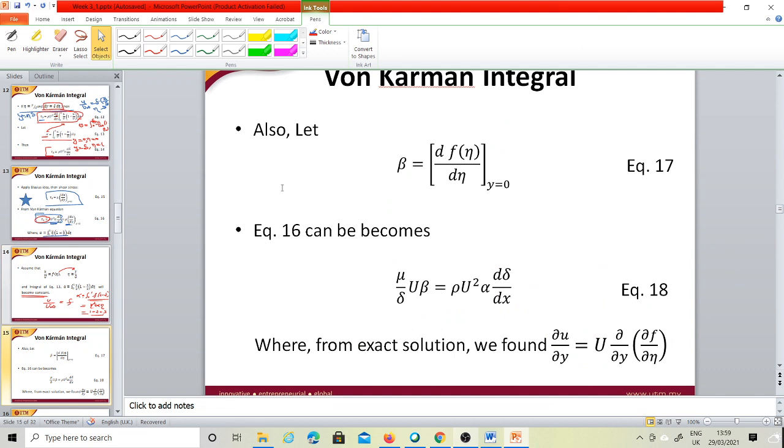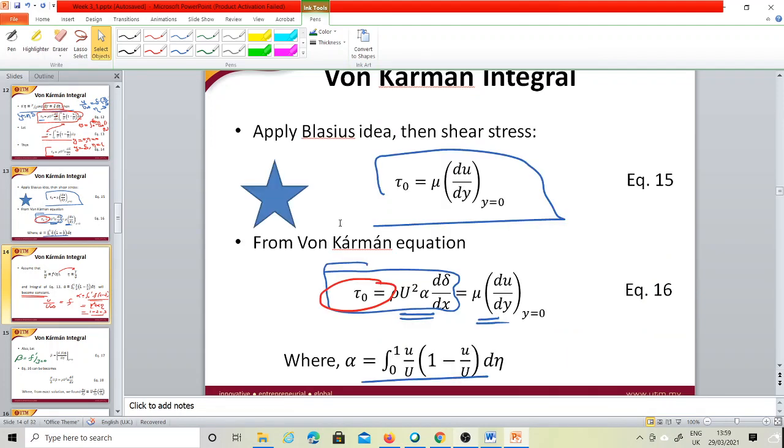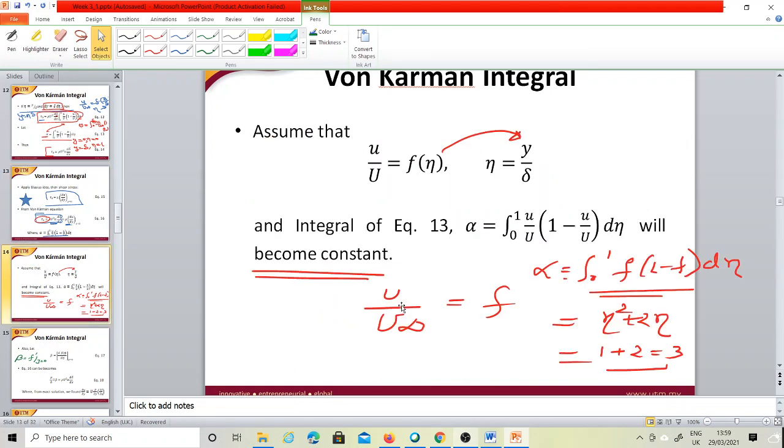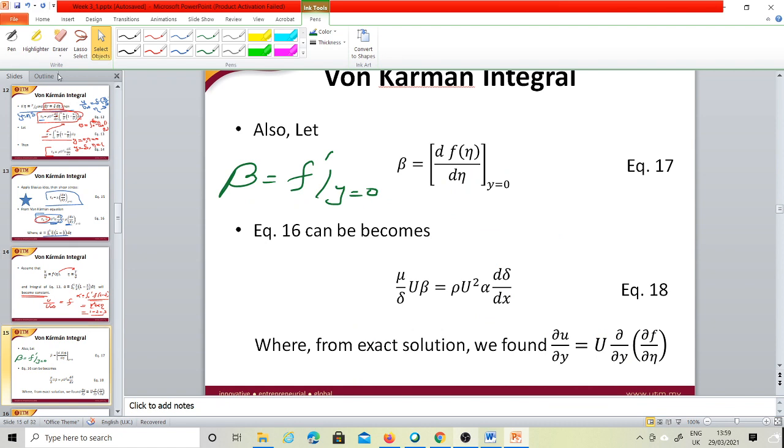Now let's consider beta is another variable. In this case, beta is actually f prime at y is equal to 0. F prime we call this beta. Okay, so equation 16 can be reshuffled and reorganized in this way.